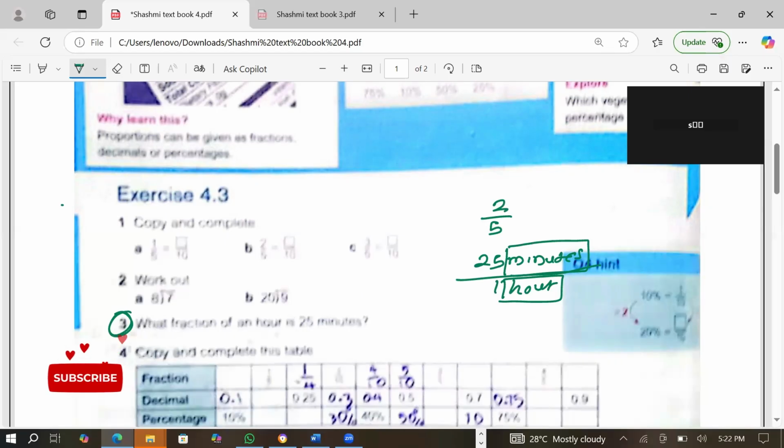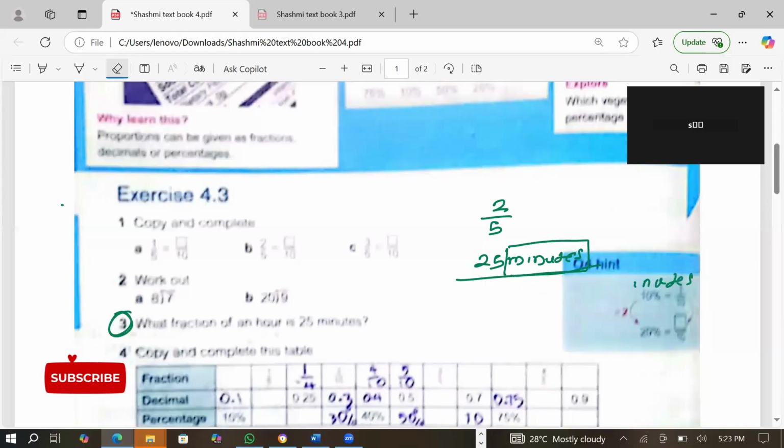That is the easier part. We will convert hours to minutes. So 1 hour means how many minutes? 1 hour is equal to 60 minutes. So instead of writing 1 hour, I can write 60 minutes.